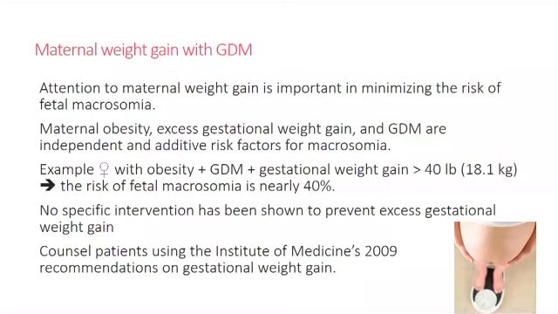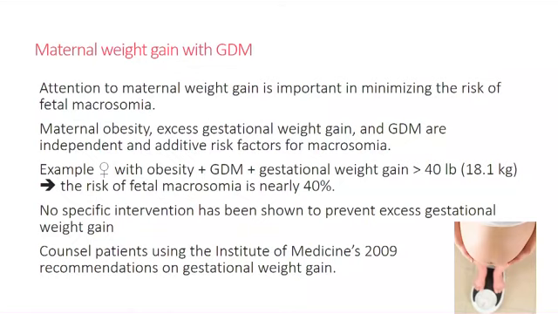Okay, while we're getting this fixed, let's talk about the numbers. What numbers do we want them to keep their sugars at? Let's do fasting. Less than what? I think around 90. Around 95, right?